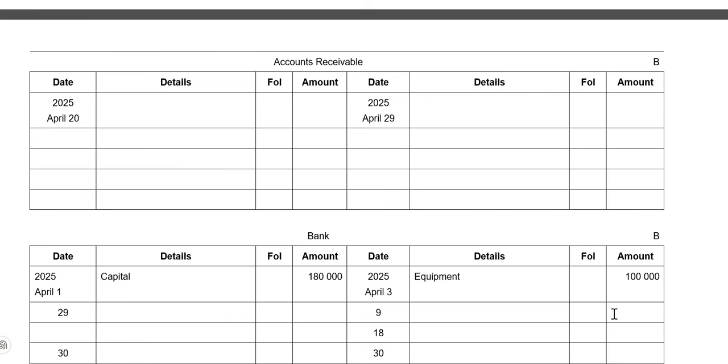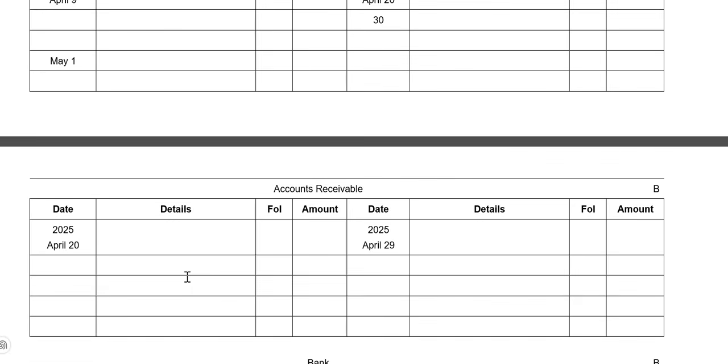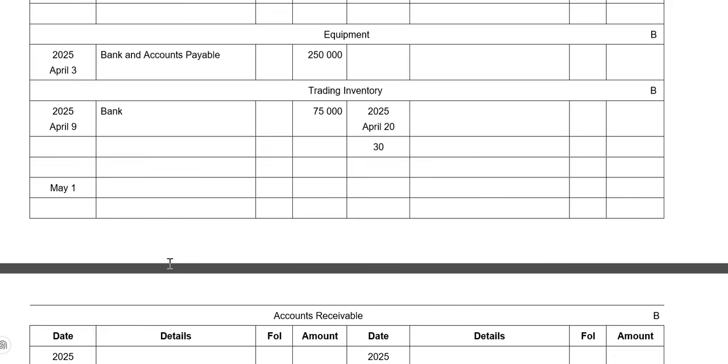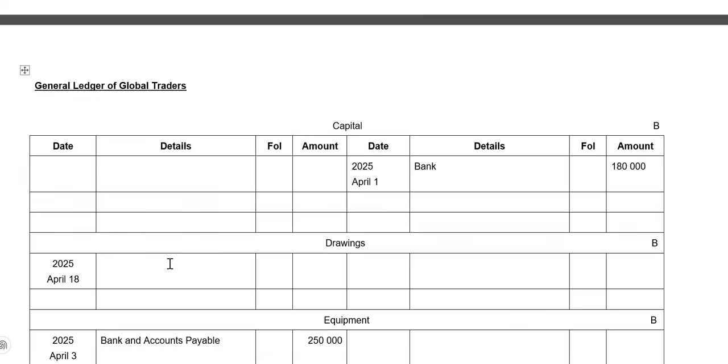And the amount was 75,000. And the contra account was, what did we buy? Trading inventory. That was on the 9th. We bought trading inventory with 75,000. We've done the debit entry and the credit entry, and we'll be going for almost 13 minutes. Let's move it. Let's move it.